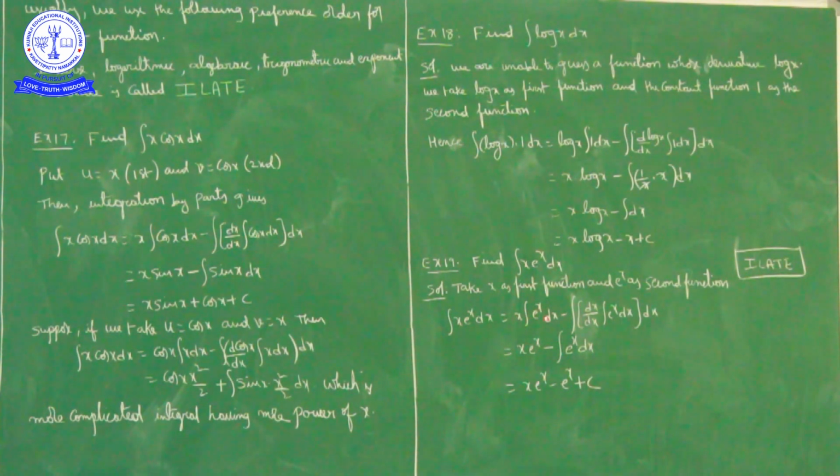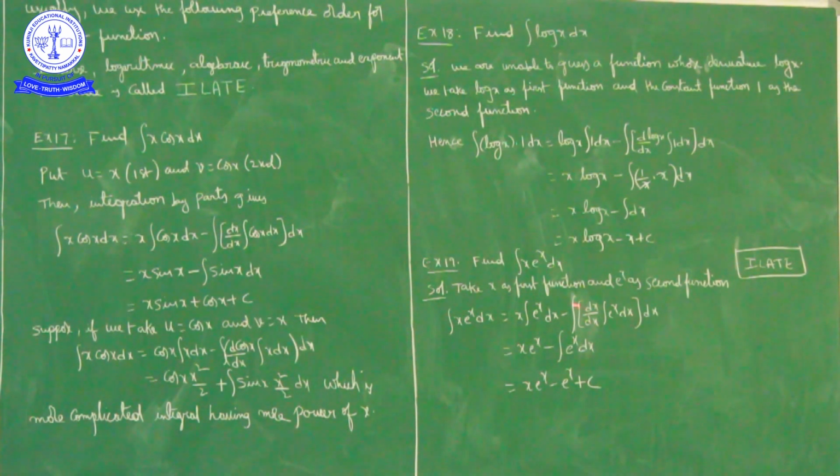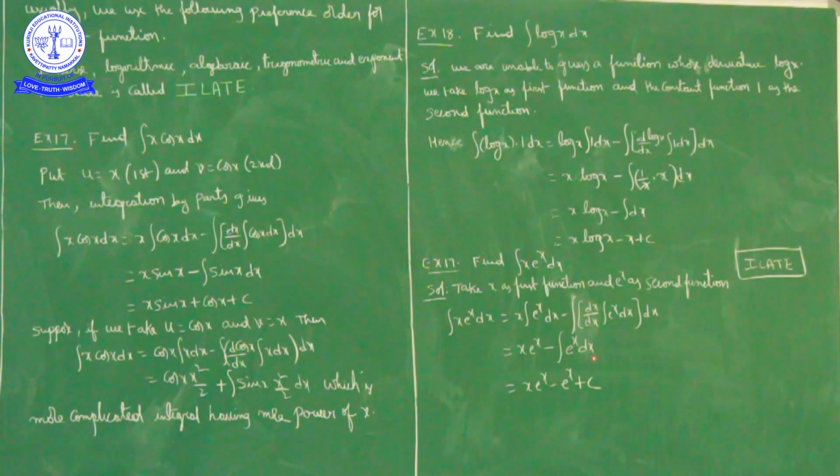So x into e power x integration is what? e power x. So x e power x minus integral of dx by dx, which is 1, into integral of e power x, which is e power x. Now integration of e power x is e power x only. So the final answer is x e power x minus e power x plus c.